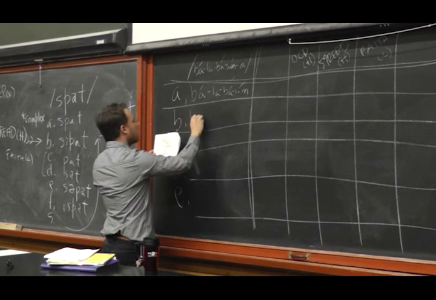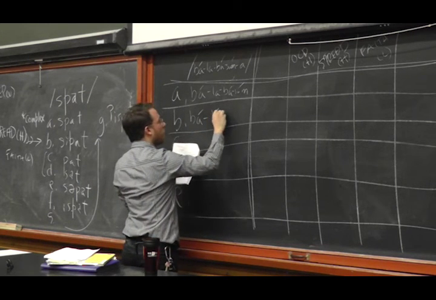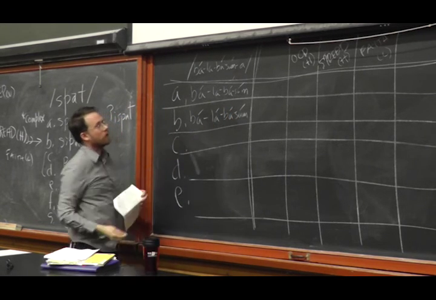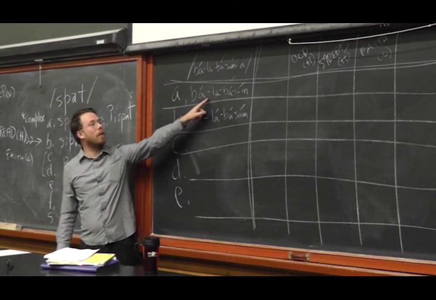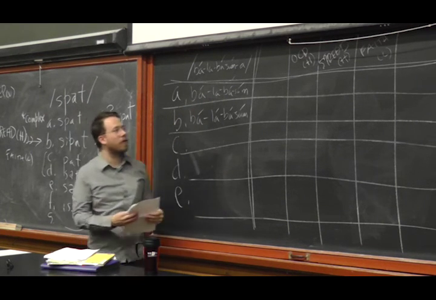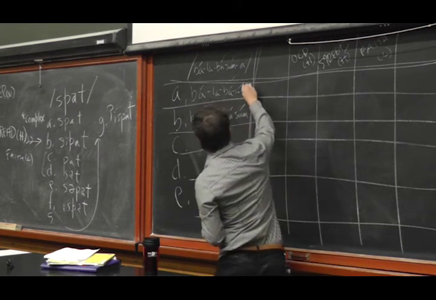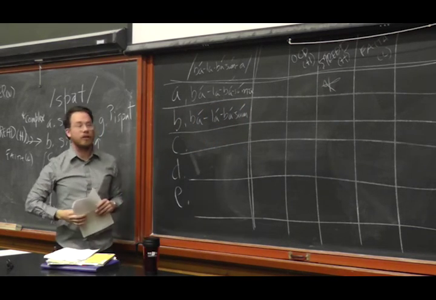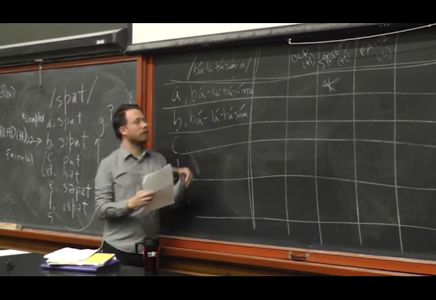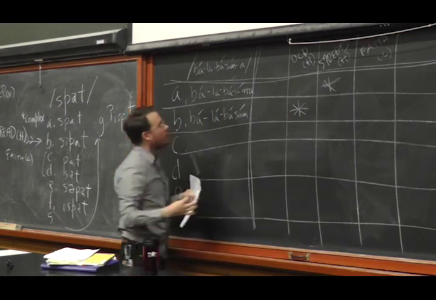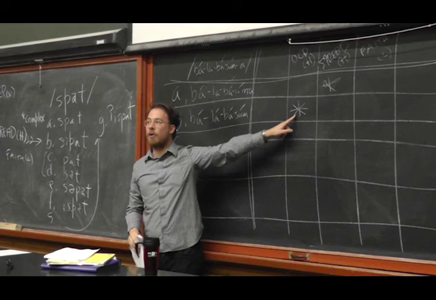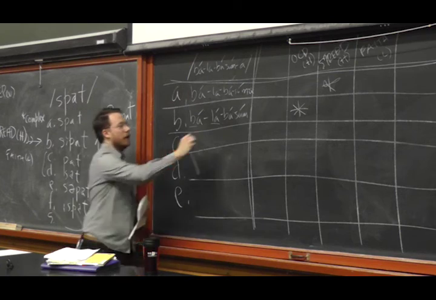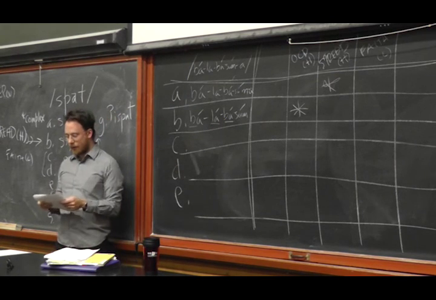Another possibility is you have spreading here. So we know that this one, bala basuma, will violate nothing here, so that it violates spread high, because you need the spread. This one with bala basuma would violate OCP high, because you would have ba and la next to one another, and next to ba, and all of those would be high tone.